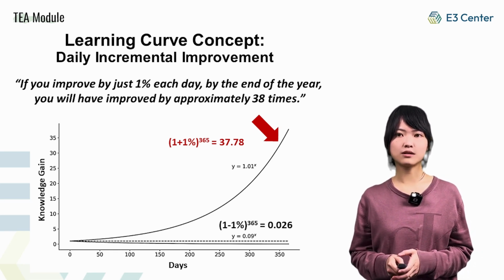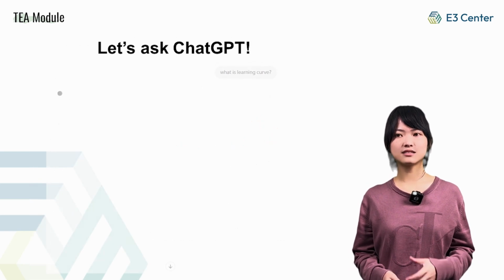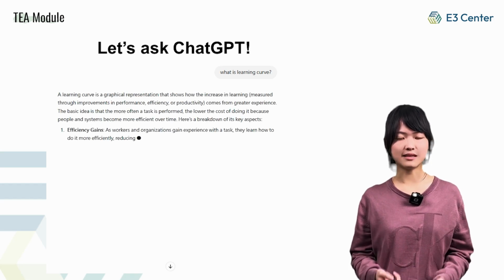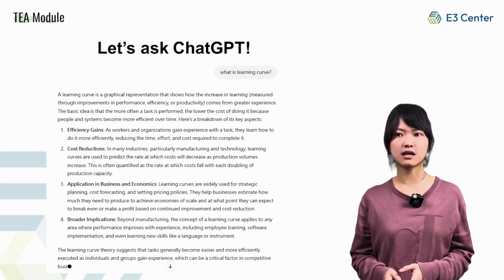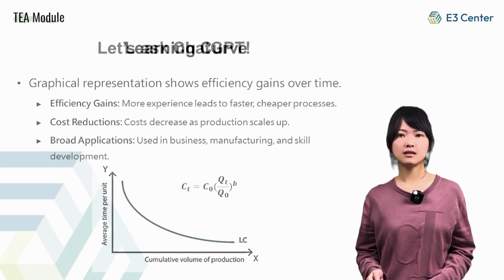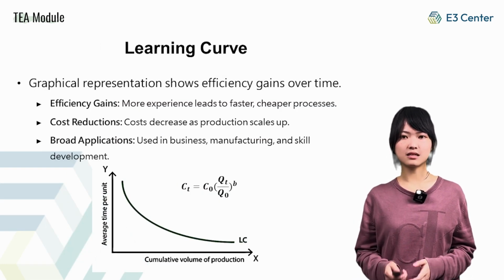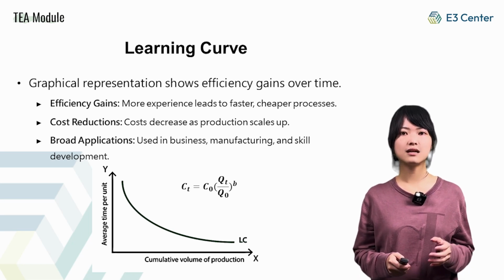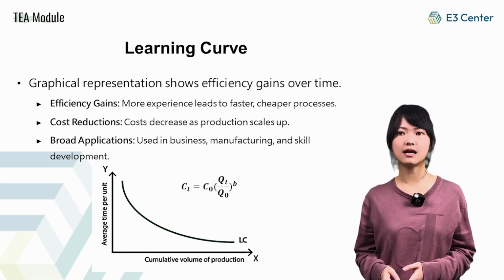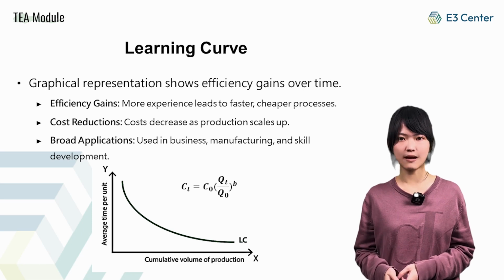Are you curious about what the learning curve is? Let's turn to ChatGPT for the explanation. As shown in this slide, ChatGPT provides a comprehensive overview. Essentially, the learning curve illustrates how repeated experience with a task leads to greater efficiency and cost effectiveness over time.